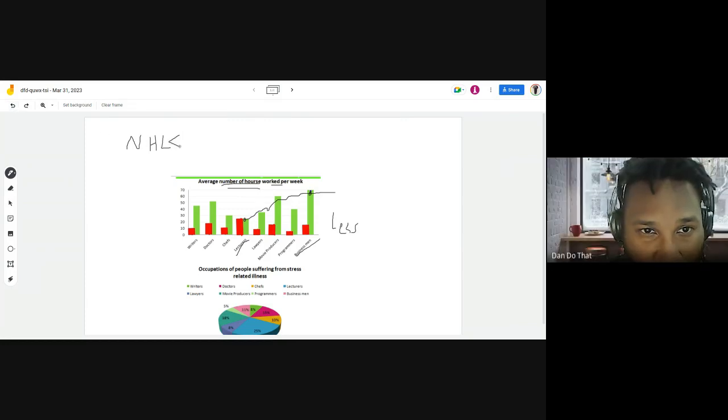Lecturers less than number of hours business. All right, so this is one line, and this is the name of the line. The number of hours of lecturers' work is less than the number of hours businessmen work.